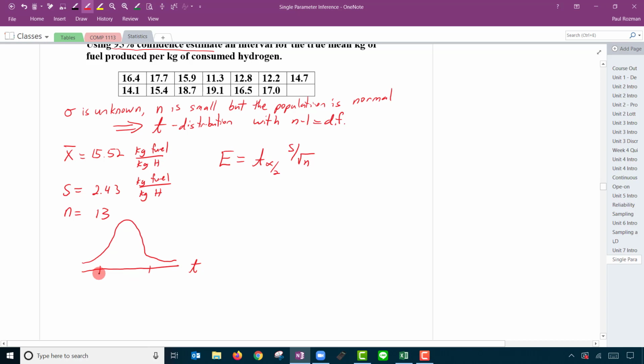It says 95% confident, so alpha is 0.05. So we have 95% in the middle, and then we have these tails that will have alpha over 2 or 0.025 for an area.